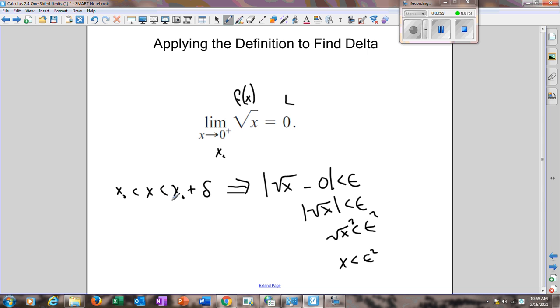If I look at this piece over here now, and go back to our original definition there, we would have the absolute value of x minus x naught is less than delta. Well, if I plug my x naught in, it gives me the absolute value of x is less than delta because x naught was 0. X minus 0, this gives me x.